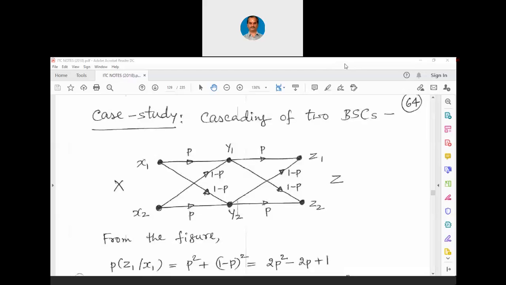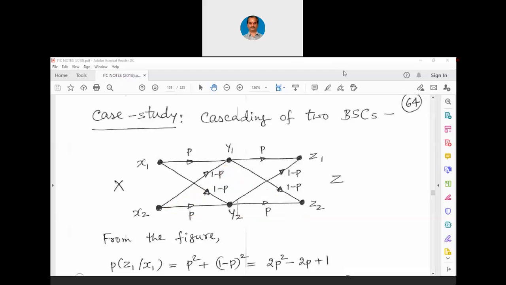Let me annotate and let me show you. See, this z2/x2 again has got one path like this, and it has got one more path like this. So as this is a symmetric channel, both will be equal. Naturally, the other one also will be equal. P of z1/x2 and P of z2/x1 will also be equal.